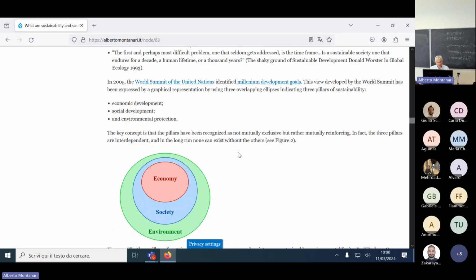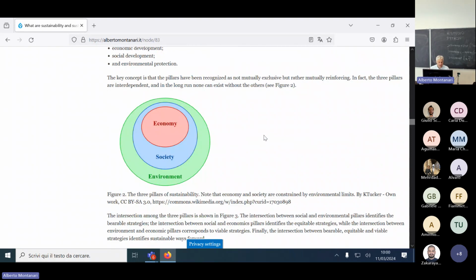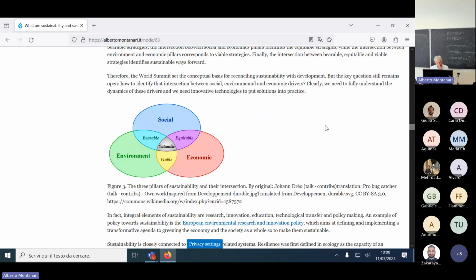Here there is a pictorial representation of the fact that economy and society are conditioned by the environment. I think this graph is nice, which shows the crossing of environmental, social, and economic dynamics. Look at the intersections, which are interesting.